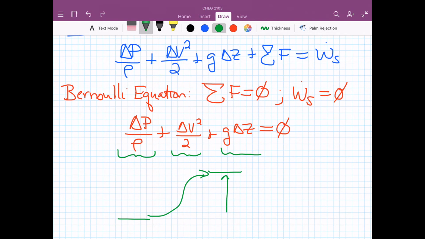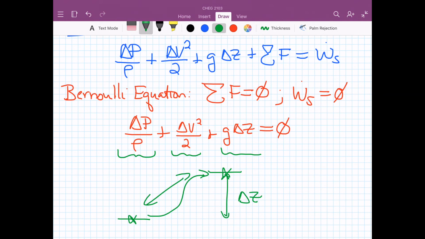So this is delta Z. And this equation would tell me how the pressure, velocity, and height are all related for moving a fluid from, say, this point to this point, which is a very useful thing in many chemical systems.